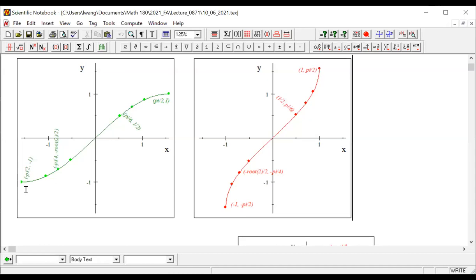Negative pi over 2, negative 1 corresponds to that point. So these are one-to-one correspondences. So when you swap x, y, there's no ambiguity. From input, you can find output. From output, you can find input, uniquely corresponding to each other. You see that?